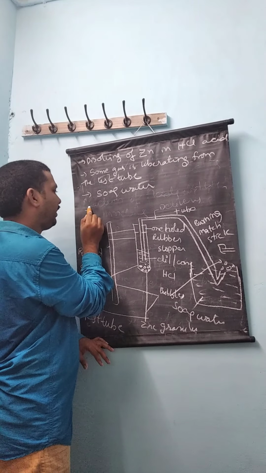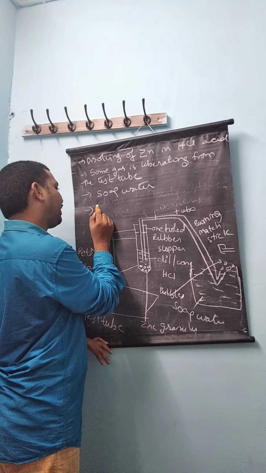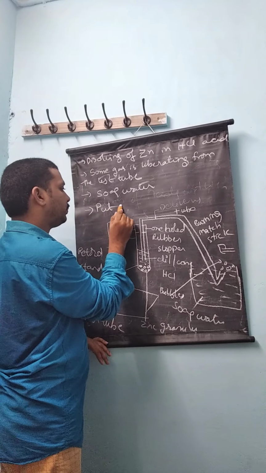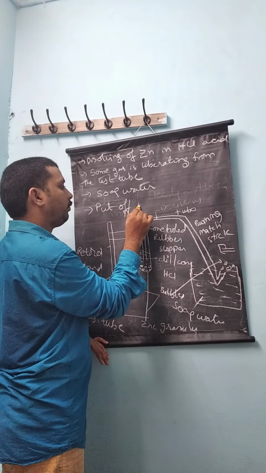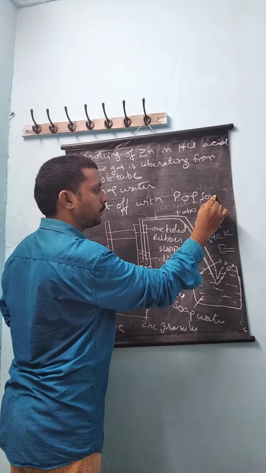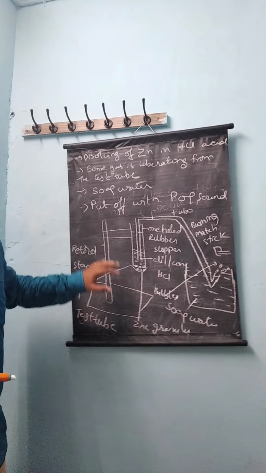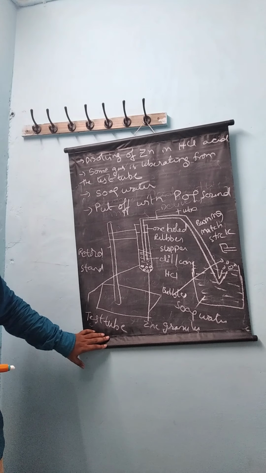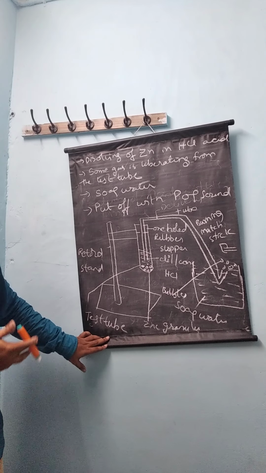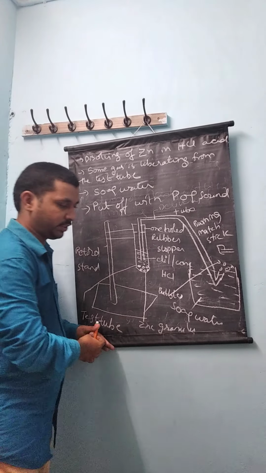Another thing we observed is that the burning matchstick was put off with a pop sound. These are the observations we made while doing this activity. Now we have to know the reasons for these observations.